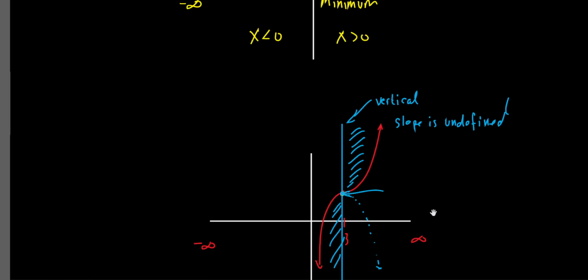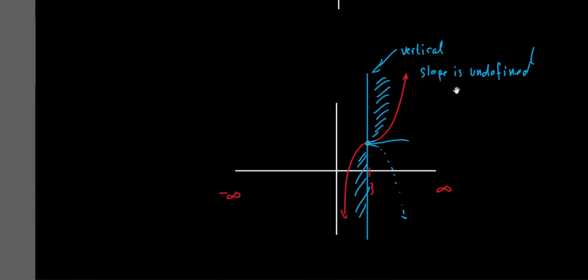So don't choose a critical point unless the slope of the tangent to it is either 0 or undefined.